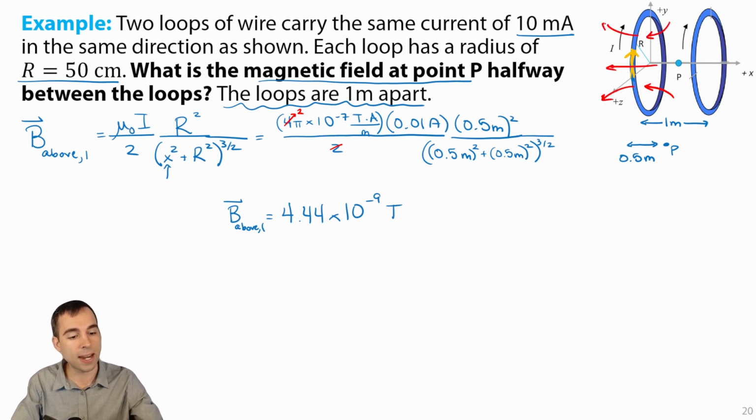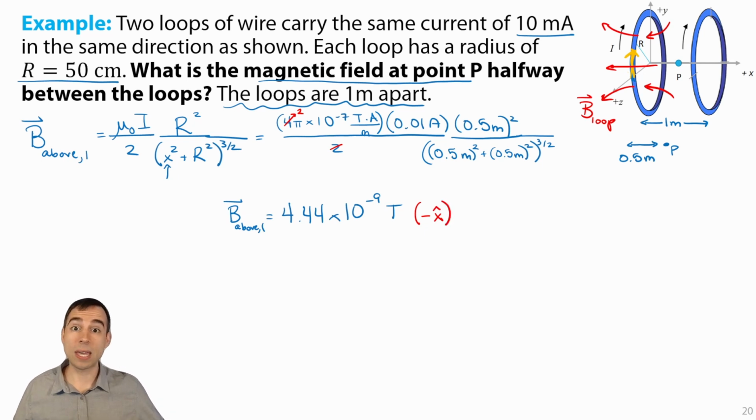And so what our magnetic field might look like from that first loop could be something like that. In other words, our first loop has a magnetic field that points to the left in the negative x hat direction. Now we can calculate that again for our second loop.